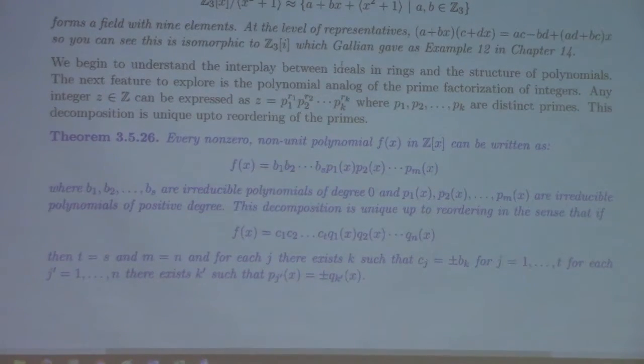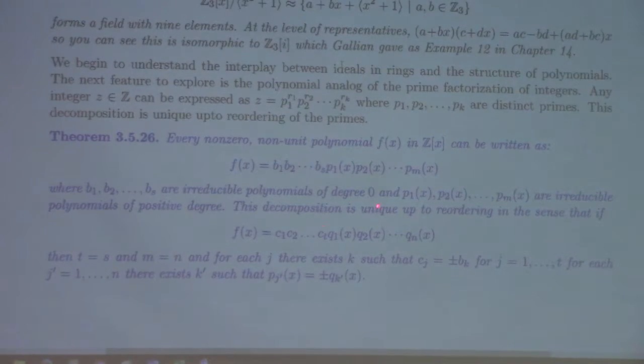This is definitely something I don't feel like writing out today. This is the unique factorization theorem for polynomials over the integers. So any polynomial with integer coefficients you can factor into a unique product of irreducible polynomials of degree 0. That's basically just the ordinary prime factorization of integers. And then here's your interesting polynomial pieces. And this will be unique up to the ordering of these things.